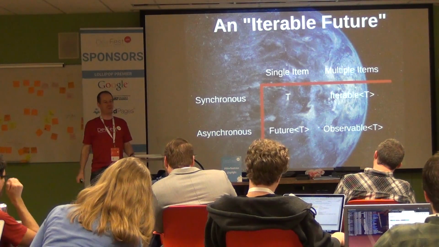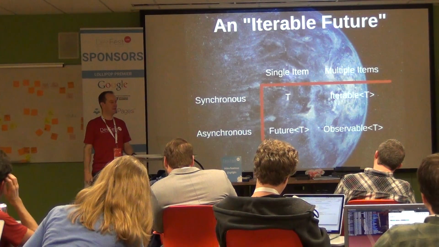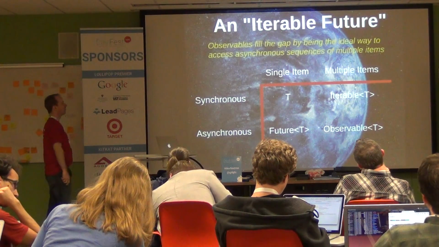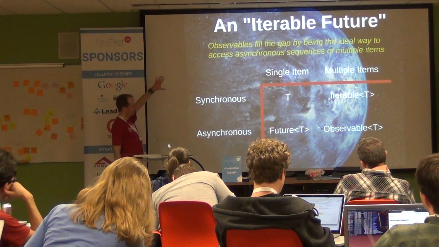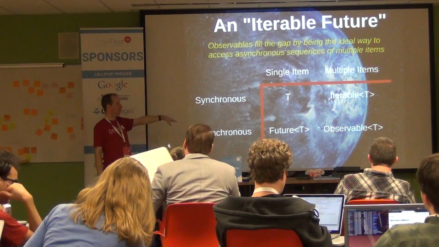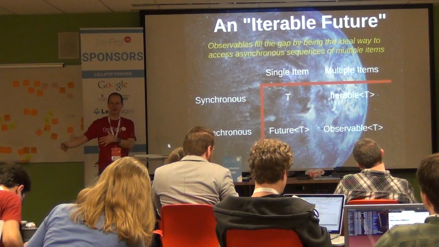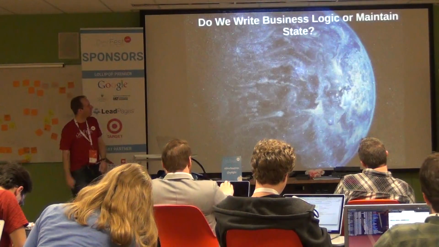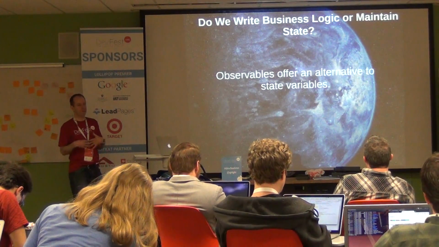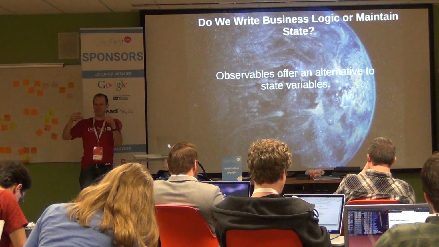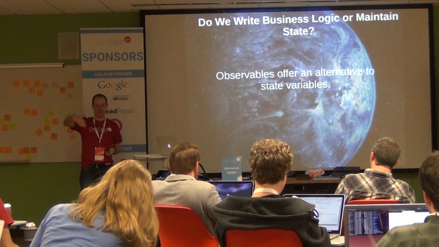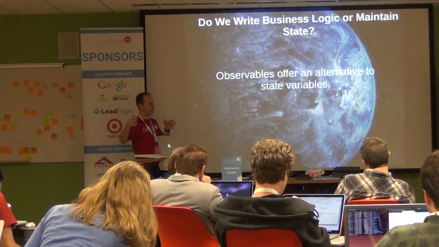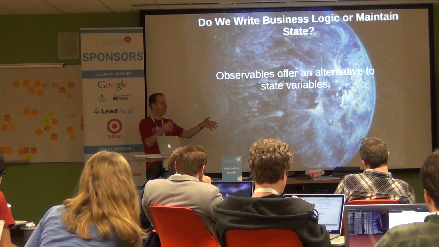The definition is so ridiculously close as to be not important, actually. So observables fill the gap by being an ideal way to handle asynchronous sequences of multiple items, essentially a list of events. By the way, a future or a promise is basically a handle to a future value that you'll receive later. This is a way of grabbing a list containing all of those values in the sequence.